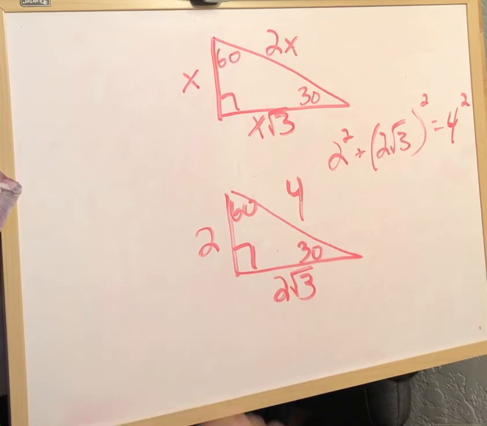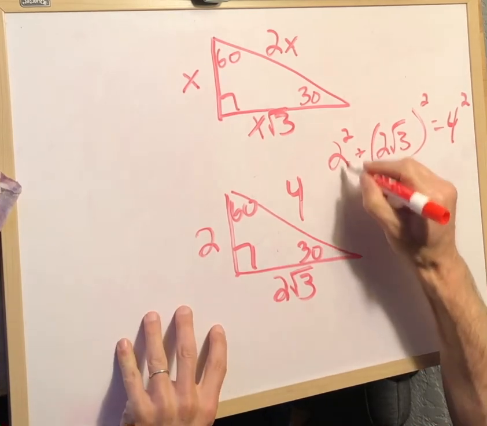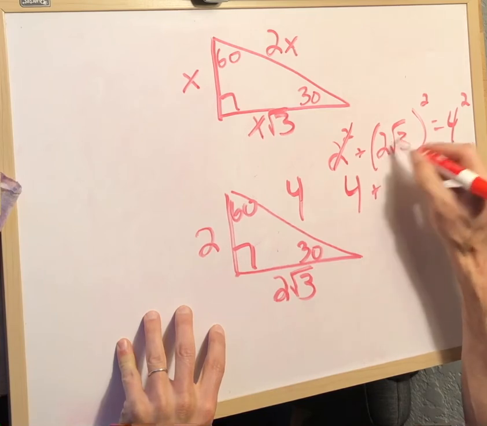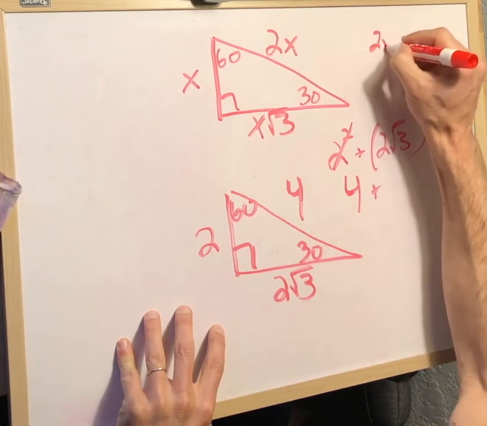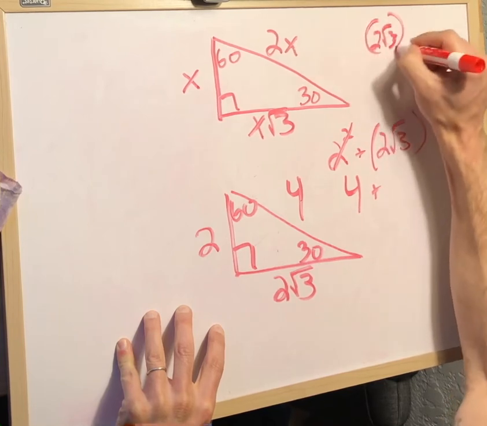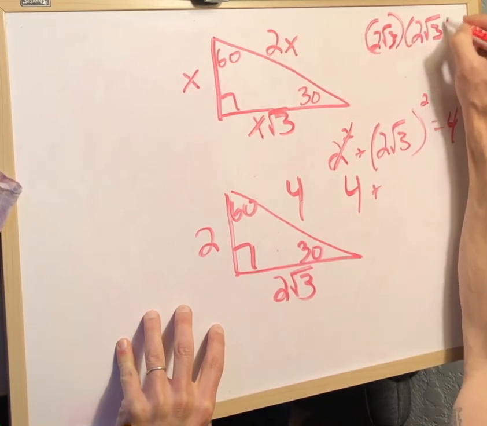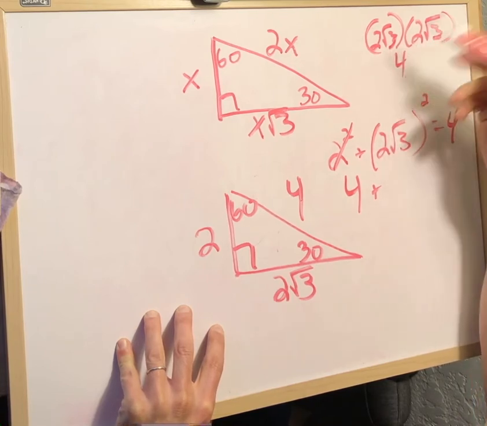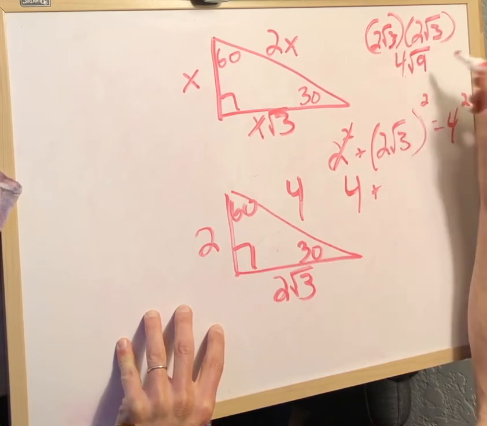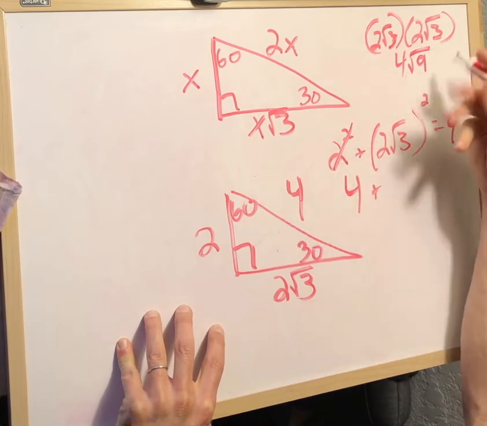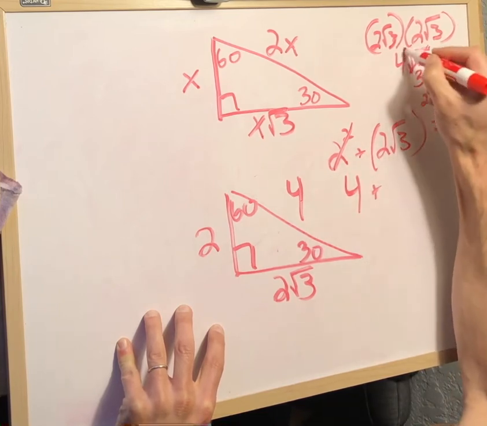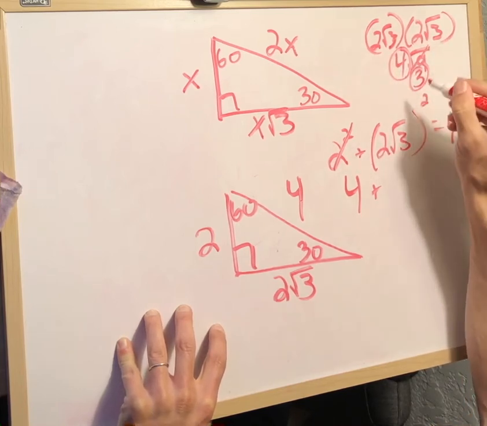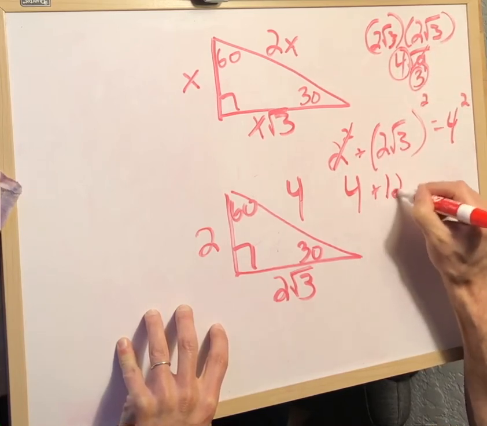Now watch, mathematically it works out. 2 squared is 4. Then 2 root 3 squared means 2 root 3 times 2 root 3. So 2 times 2 is 4. Root 3 times root 3 is the square root of 9. And what is the square root of 9? 3. You should have learned how to multiply numbers and roots last year in IM1. 4 times 3 is 12.